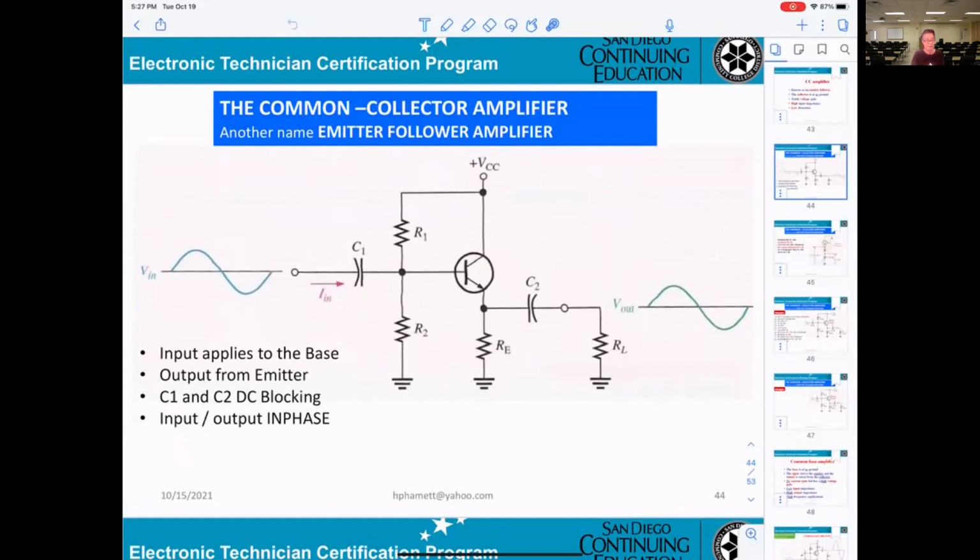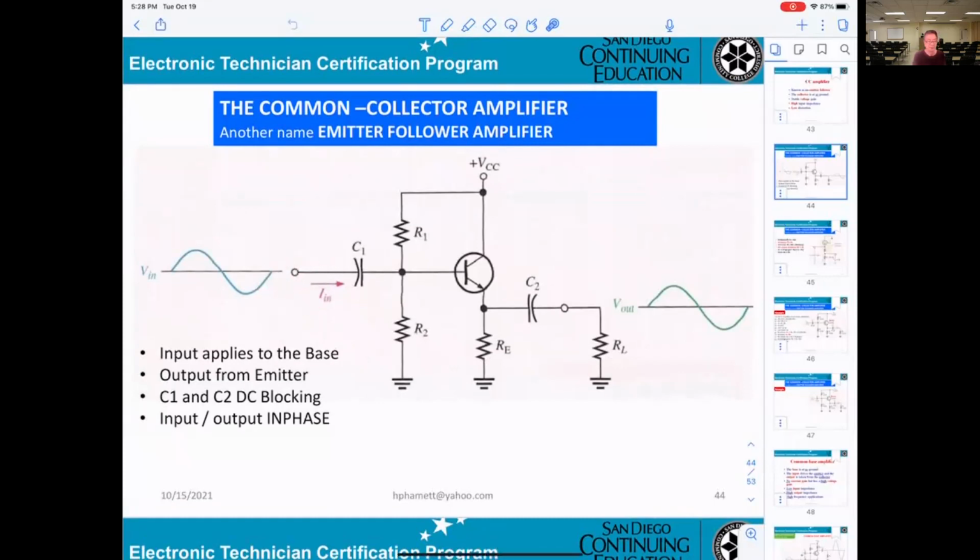To recognize it, first you have to look at where the signal is applied and where the output of the amplifier is taken. For the common collector, the input is applied to the base.